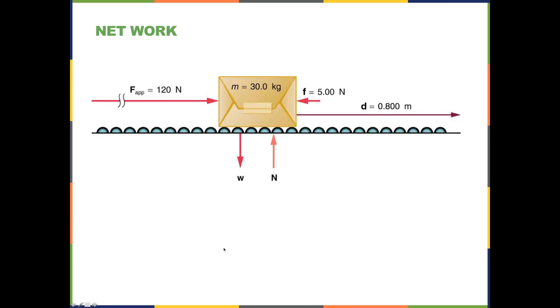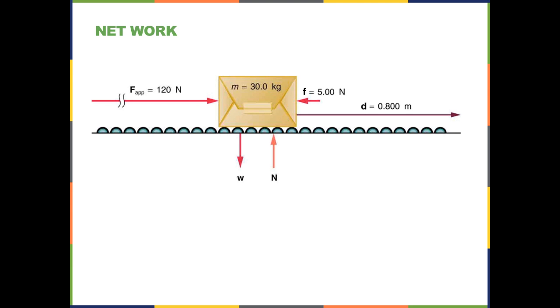Now here's a situation where we're going to talk about something called net work. And the net work is essentially the result of a net force. Remember, when we worked previously, we sometimes had an applied force and a force that acted against that applied force, so we would end up calculating the net force.